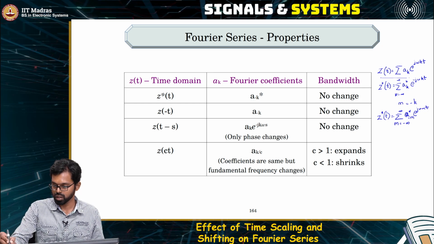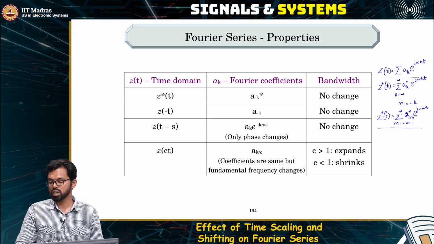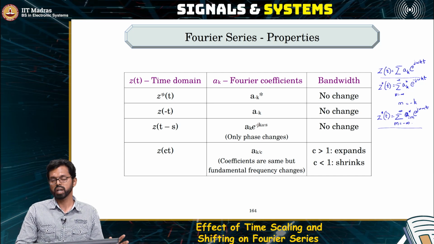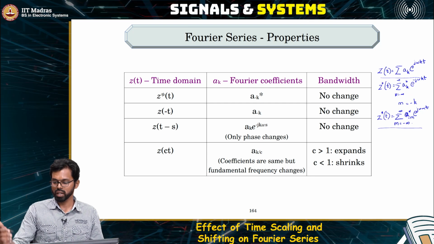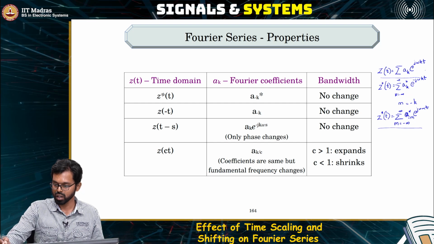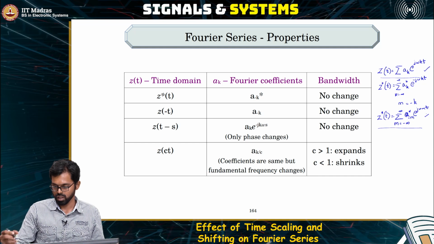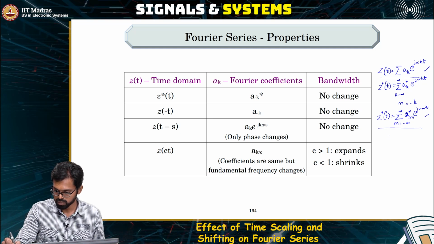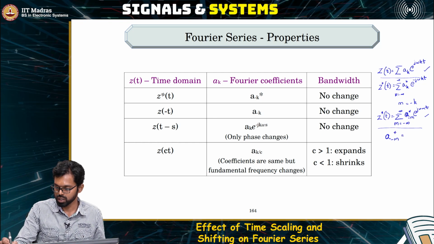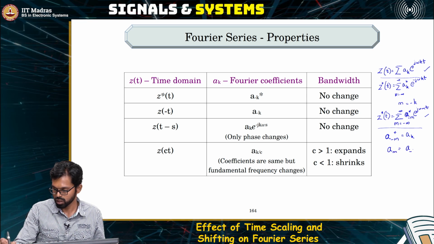Now compare this and this. The phasors are now exactly the same, e power j k omega t and e power j m omega t are the same, because m runs from minus infinity to plus infinity, k also runs from minus infinity to plus infinity. So comparing these equations, we can equate their coefficients, and the coefficients simply become a minus m star is equal to a_k.